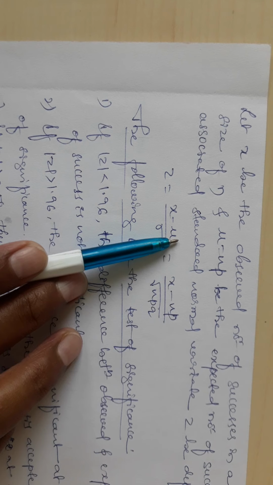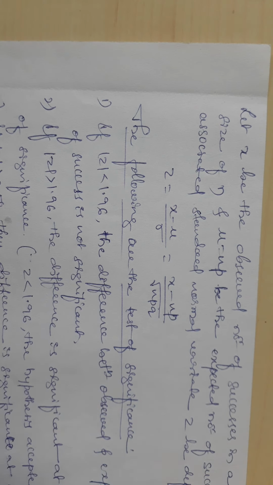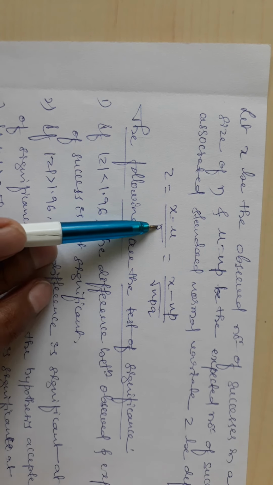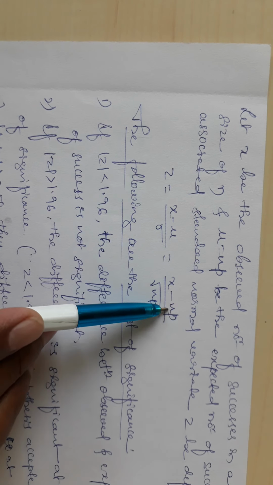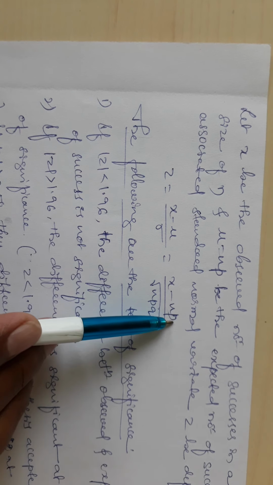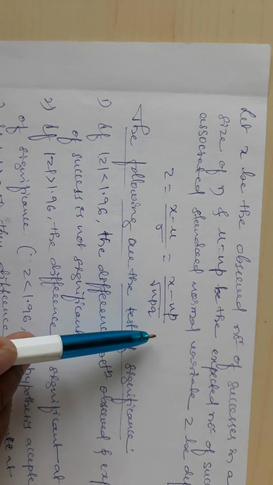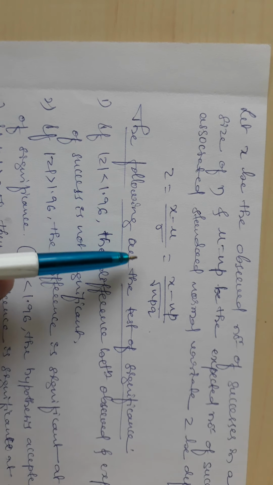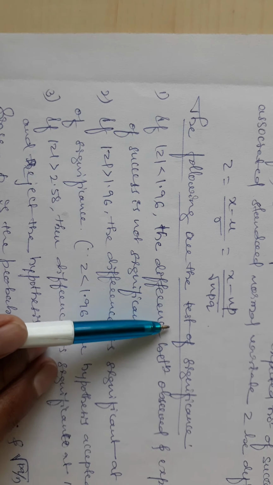Let the associated standard normal variate z be defined by z equal to (x minus mu) divided by sigma, which is equal to (x minus np) divided by the square root of npq, from the binomial distribution. This formula is different from the previous standard normal variate.